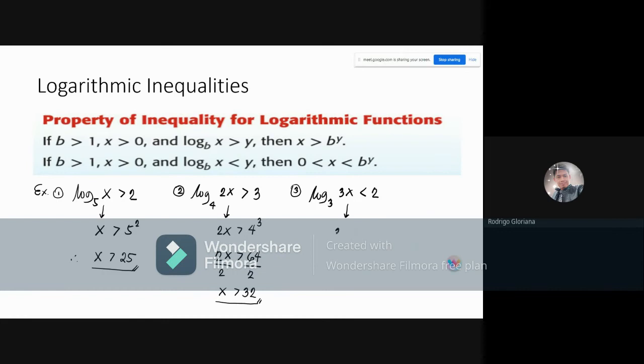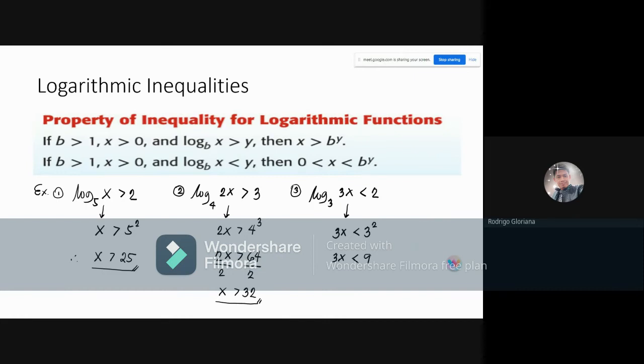We have 3x less than 3 raised to 2. And then we have 3x less than 9. So in this scenario, class, 3x less than 9, we have the given condition. It should be from 0 to this raised to y.